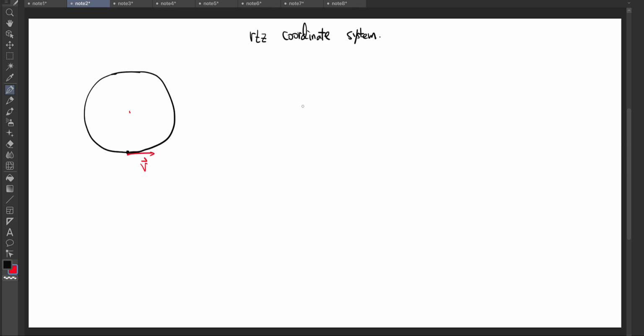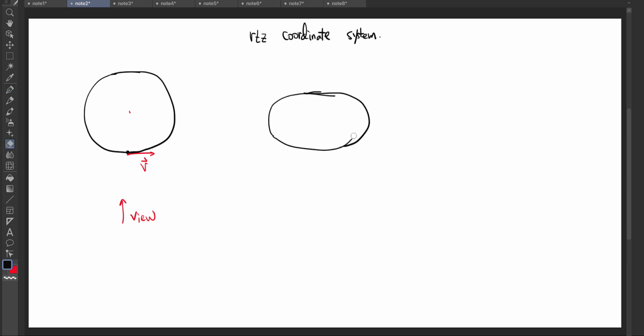But now imagine you're looking this way. You are viewing from this horizontal angle. Then people usually draw a picture that looks like this. It kind of turns into an oval shape.